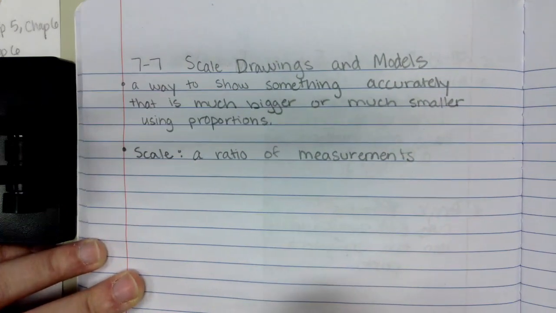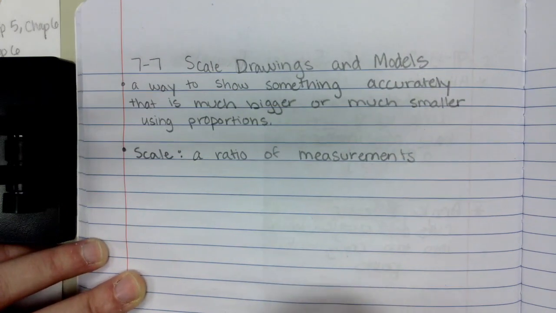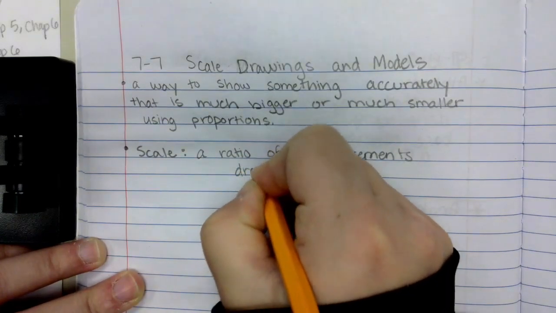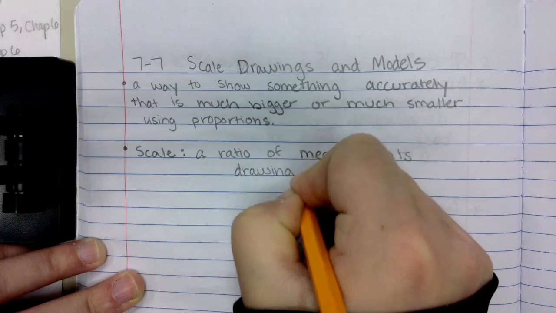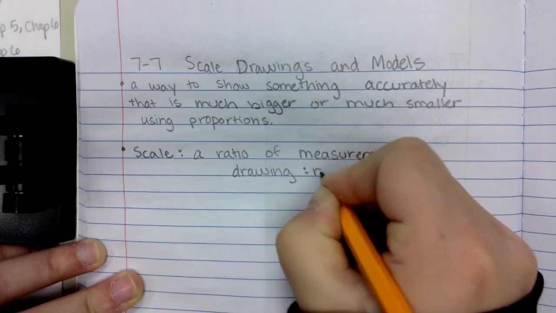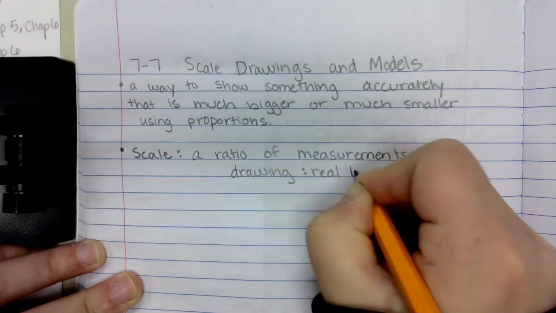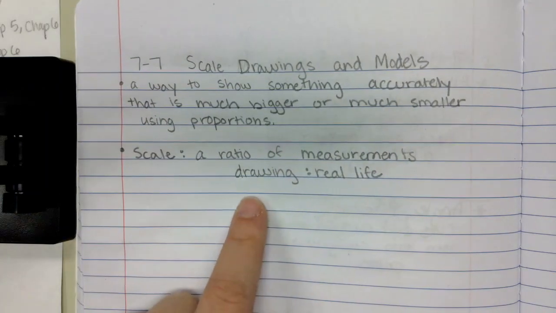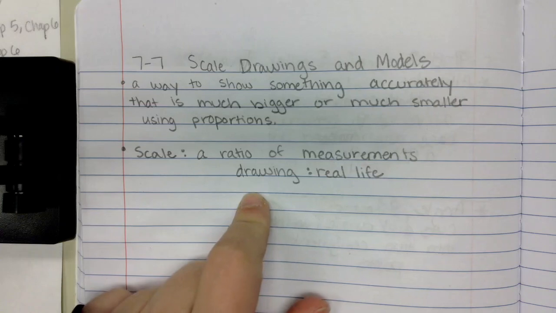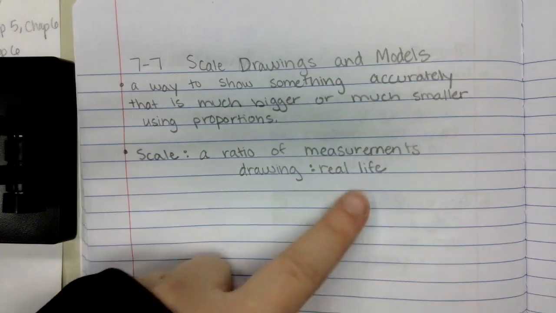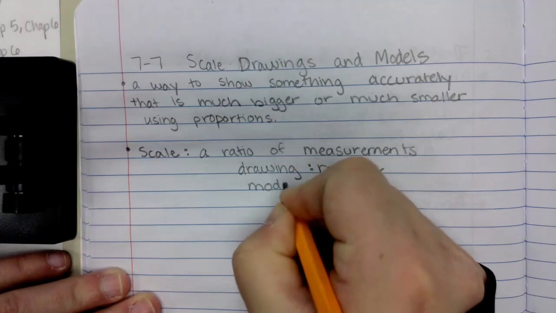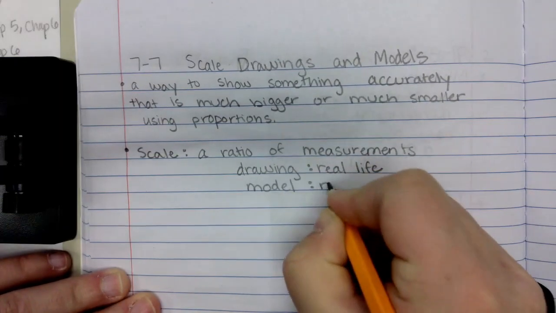In this one, we do use the colon, the two dots. And we always go with the drawing or the model compared to the real life. So that's just always the way our scale goes, so that our readers, everyone who's working with the scale drawing or the scale model, will know that it's always the drawing or the model compared to real life.